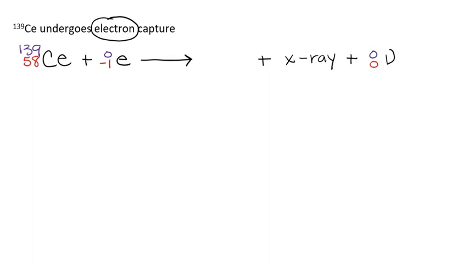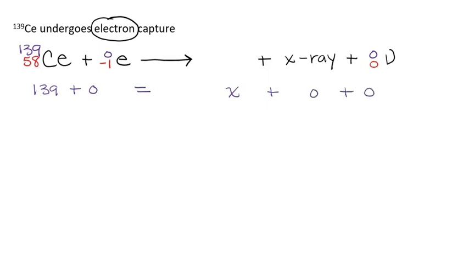And now we're going to work on the math to figure out our product isotope. So we have 139 plus 0. We have to include what is going on with the electron now, because it's a reactant, equals X plus 0 plus 0.